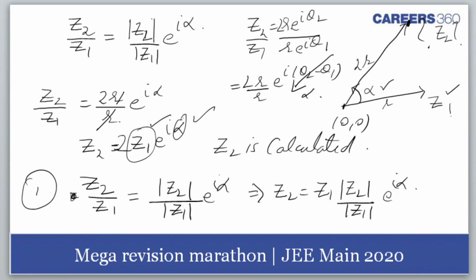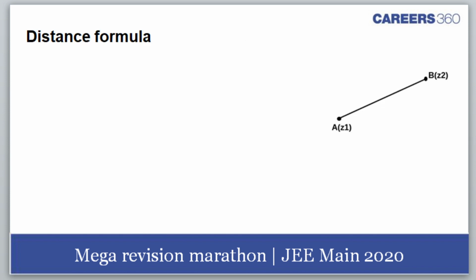So let's go on to that and then we'll do one or two questions based on this. The distance formula I'll take later, but here I take this. So you see, instead of the origin, I'm rotating Z1 with respect to Z3.